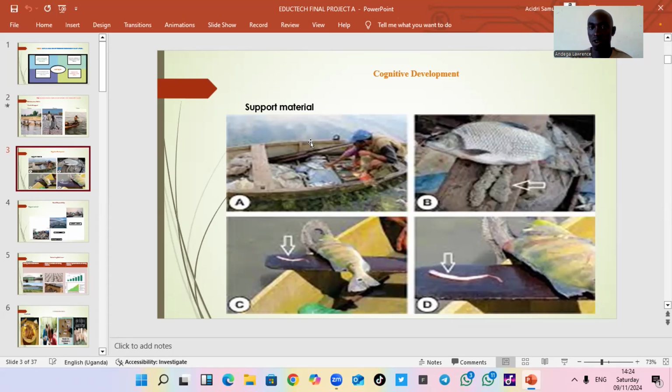We can also develop learners' cognitive skills through drawings, cartoons, graphs and maps that are brought to them. So in due course, they will develop further.